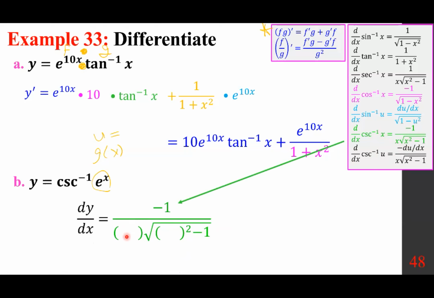Well, instead of x, what do we have to put in? Whatever this one is, u, e to the power of x. However, since this is not x, we need du dx. The derivative of e to the power of x is e to the power of x. Whether you put it at the top or next to it makes no difference. Now we're going to rewrite this by putting this at the top, minus e to the power of x over this. These two cancel each other.